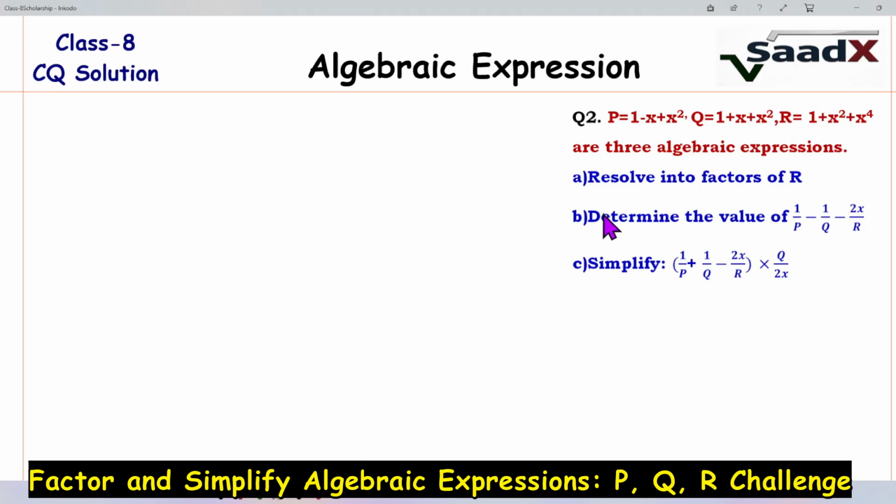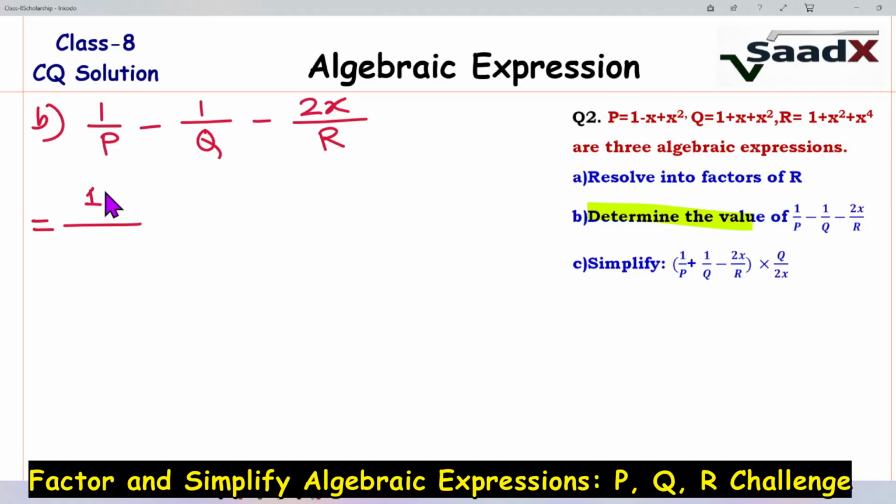Number B, determine the value of 1 by P minus 1 divide Q minus 2x divide R. Okay, so first 1 divide P. P means what? 1 minus x plus x square. 1 minus x plus x square minus 1 divide Q. Q, 1 plus x square, right?